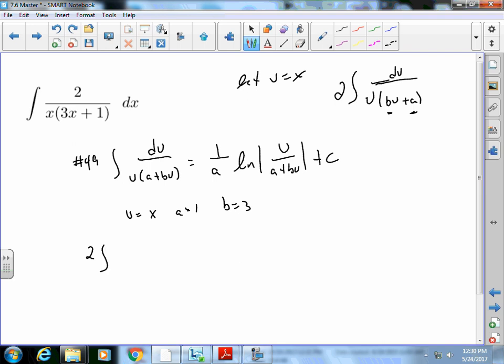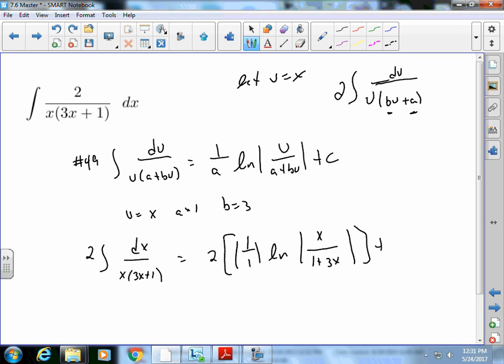You're going to rewrite your problem to be 2 dx over x times 3x plus 1. So it looks exactly like what we want. Now it's 2 times the whole thing, right? Because it's 2 times whatever I'm integrating. 1 over a, which is 1, the natural log, u, which was x, all over a, 1, plus b, which was 3x, plus c.